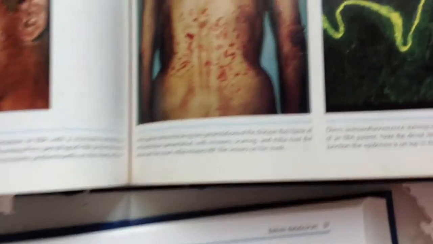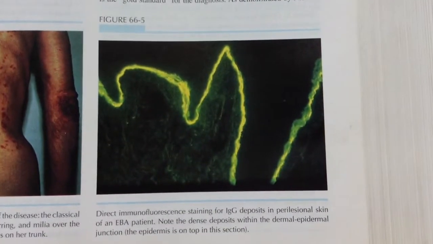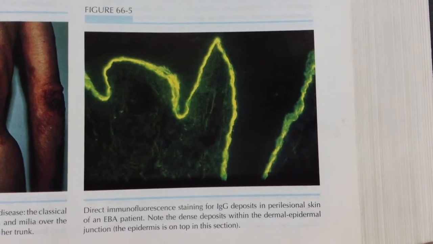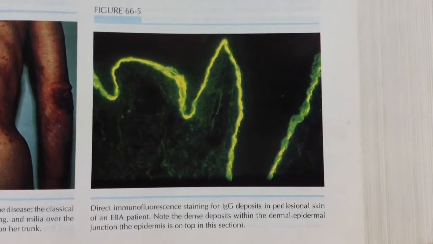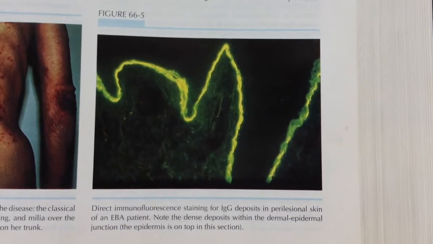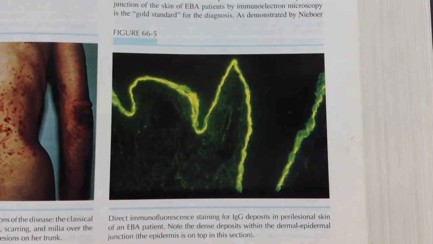Another picture of direct immunofluorescence staining immunoglobulin G deposits in perilesional skin of epidermolysis bullosa acquisita, the dense deposits within the dermoepidermal junction.